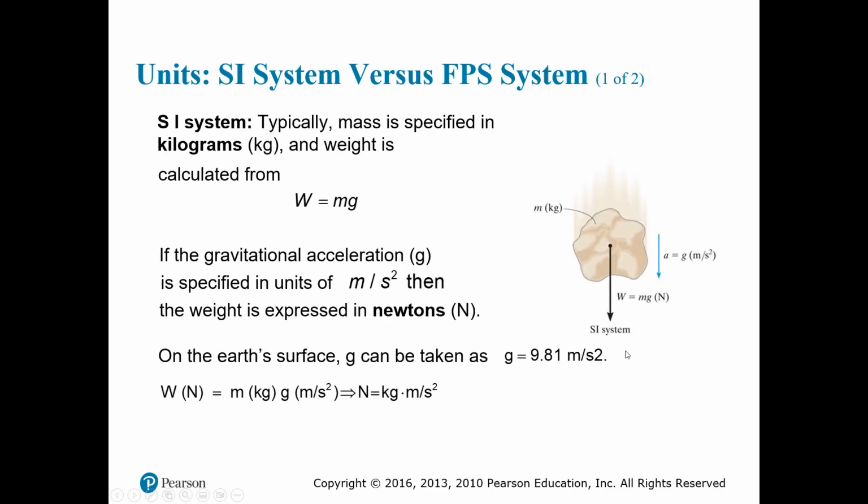So in the SI system, the international system, or the metric system as we call it, weight is equal to mass times gravity, and usually the unit for this is newtons, as the gravitational acceleration on the surface of the Earth is equal to 9.81 meters per second squared. All right, when you multiply that times kilograms, then you will get newtons. And don't forget that it's very important that we know the units that we're talking about.